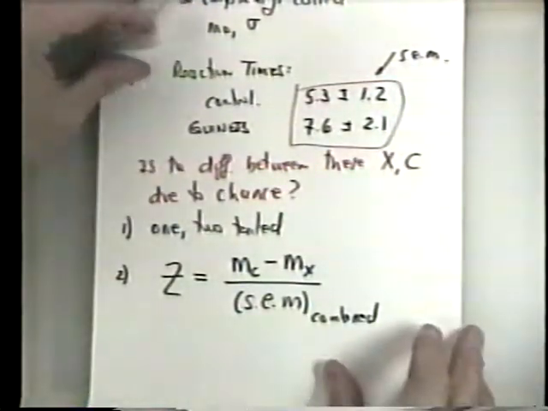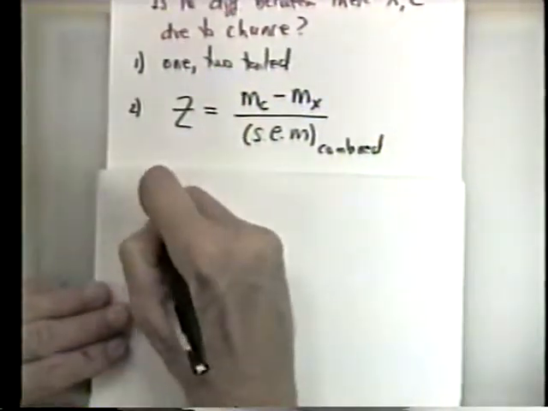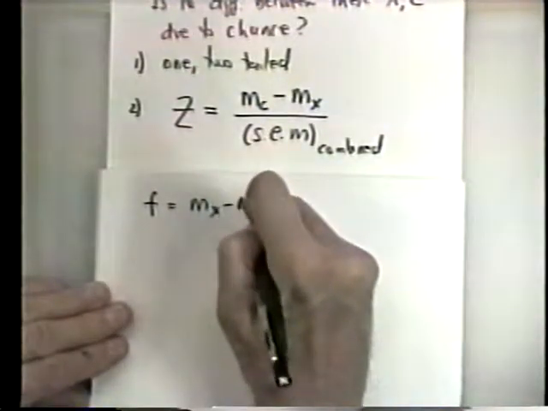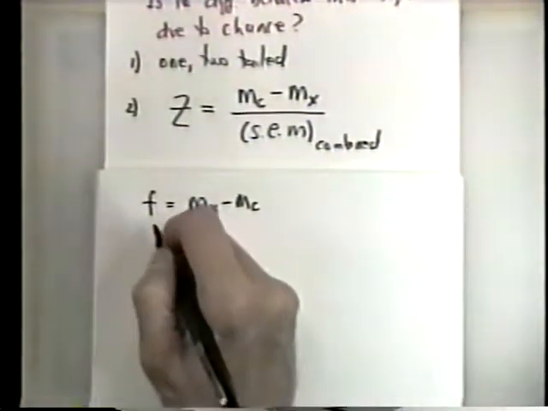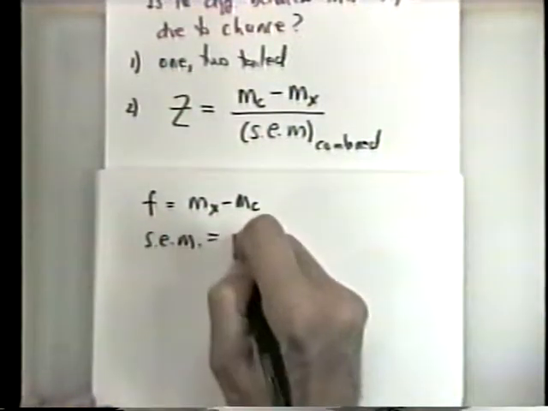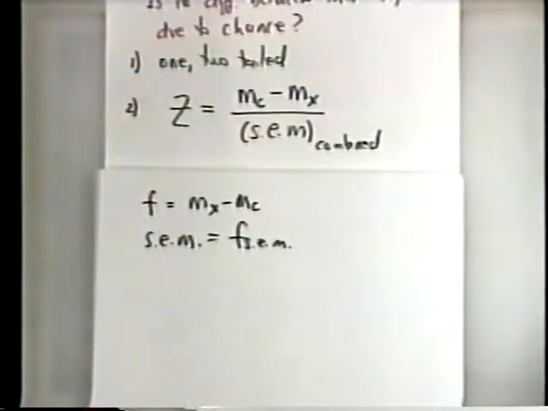Or I can say this a different way. What we're really looking at here is a distribution function f, which is the difference between the experiment and control. And so we must find the value of the SEM that's really related to the SEM of f.